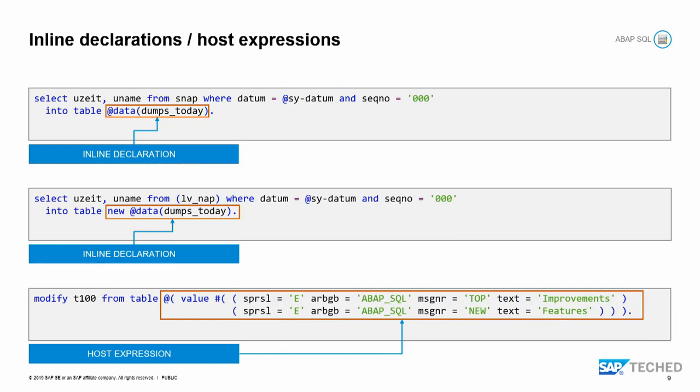Such an approach is a variable, but it cannot be directly reused because it does not exist in other parts of our coding. It belongs to this MODIFY statement itself. It's a good way to apply a clean code approach. On top, all this belongs to the ABAP SQL, so all this part belongs to our middle group so far.